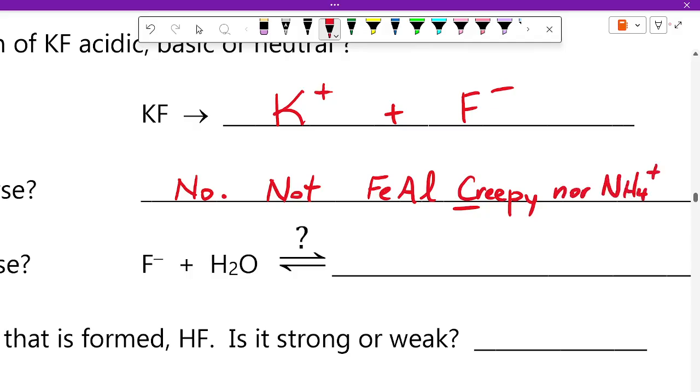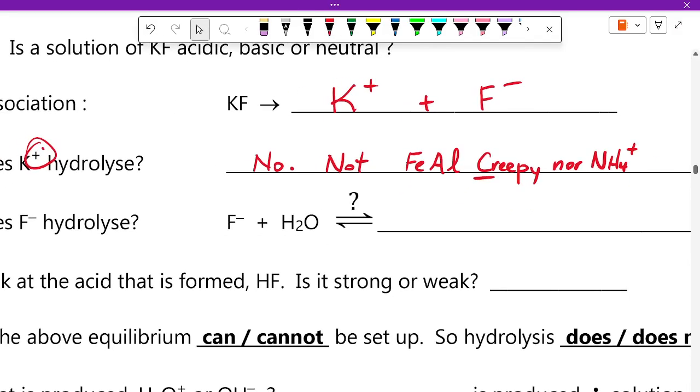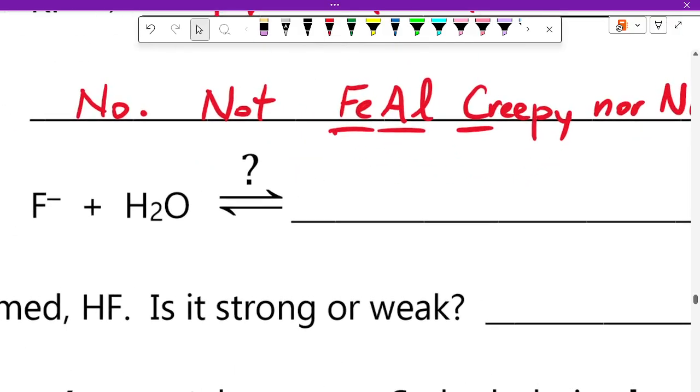And if it's not one of those positive ions, it will not hydrolyze. Does F minus hydrolyze? What would we get if it reacted with water?